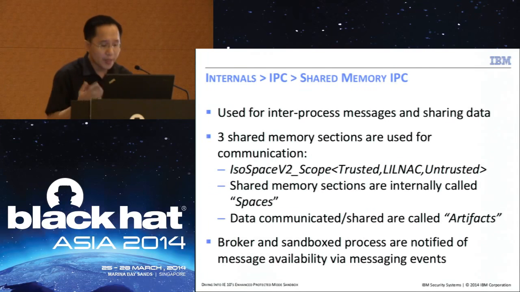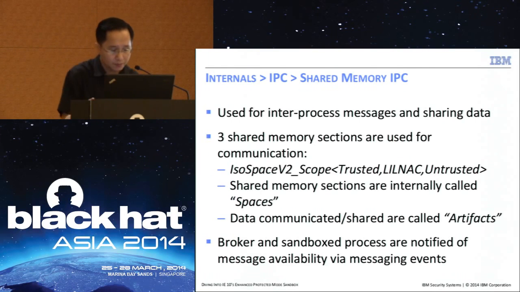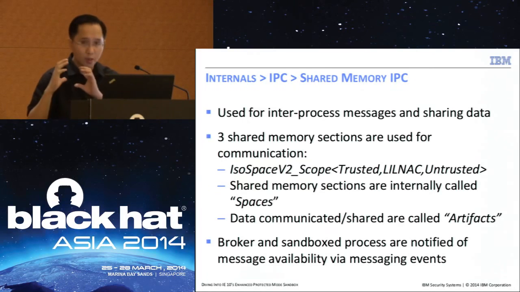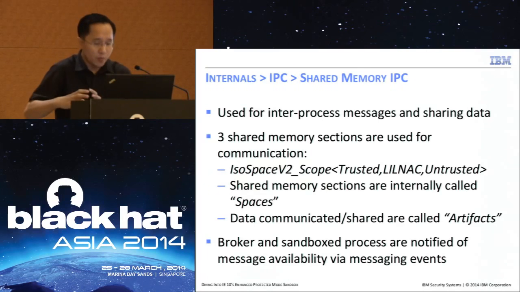The shared memory IPC is used by the components in the broker and the Sandbox process for exchanging inter-process messages and for sharing data. Three shared memory sections are created for communication. When the broker process starts, it creates the shared memory sections, and when the Sandbox process starts, it opens the shared memory sections.